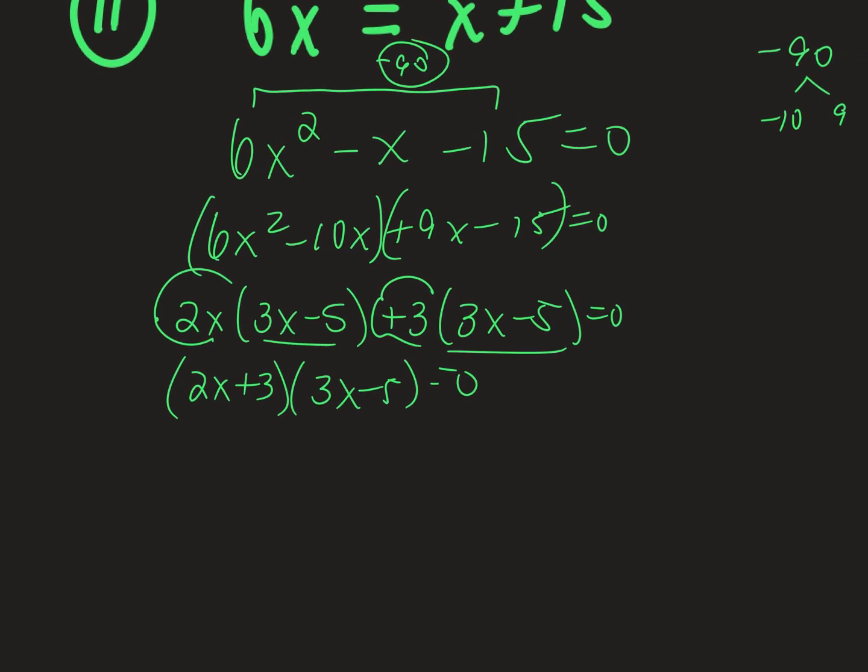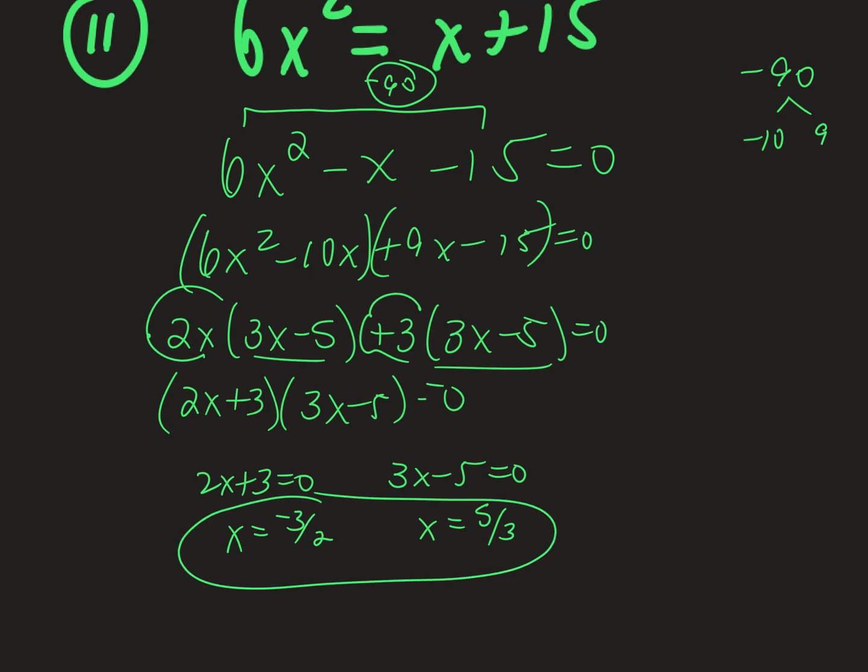So here I have, on this side, 2x plus 3 equals 0. 3x minus 5 equals 0. So x equals, move the 3 over, it becomes negative. Divide by 2 is negative 3 over 2. Here, move the 5 over, it becomes positive. Divide by 3, so I have positive 5 over 3.